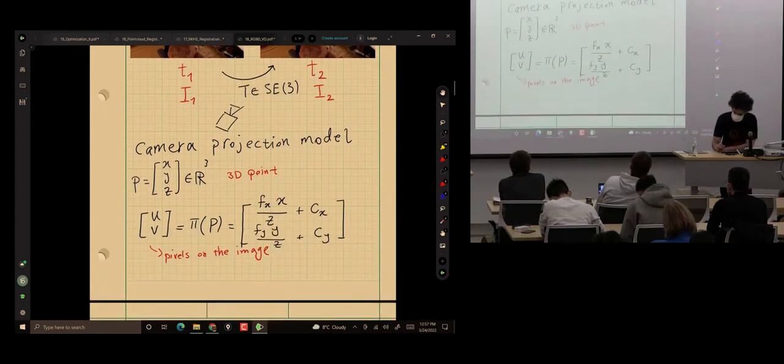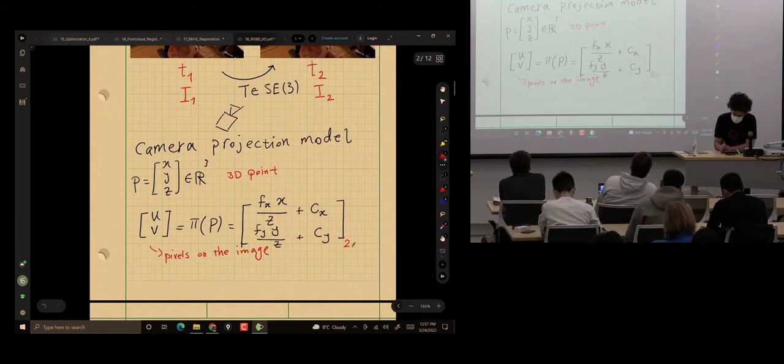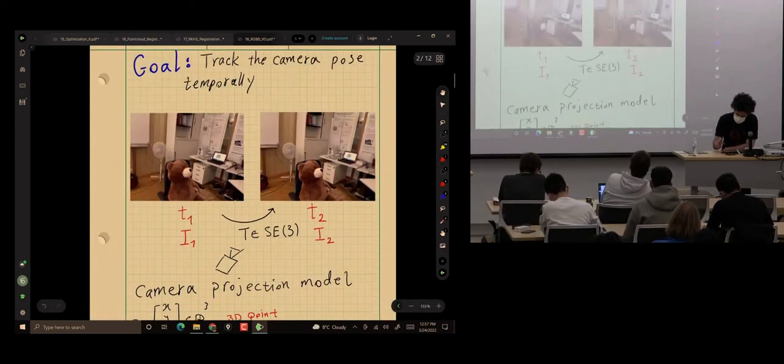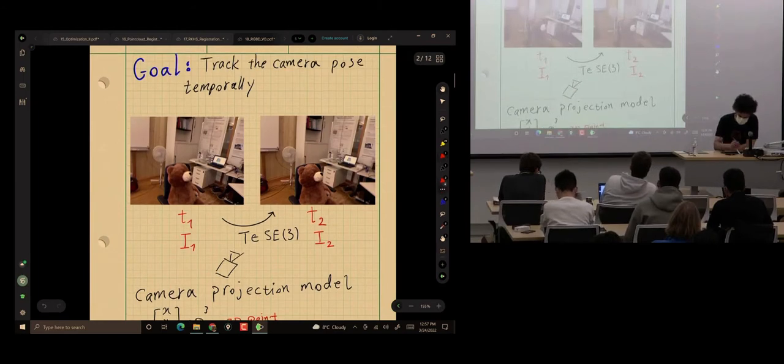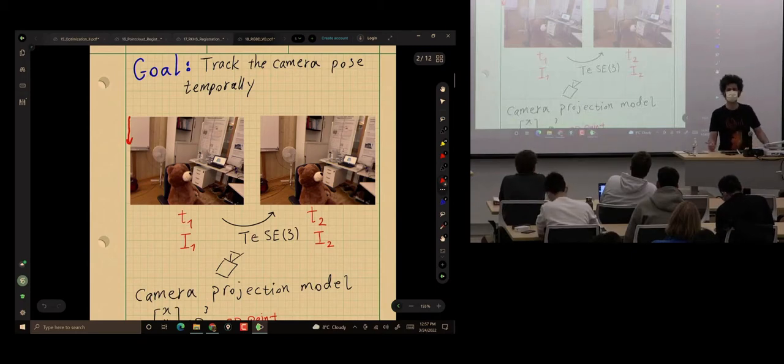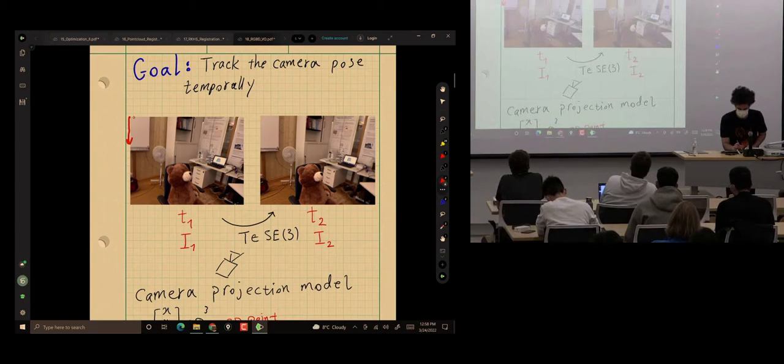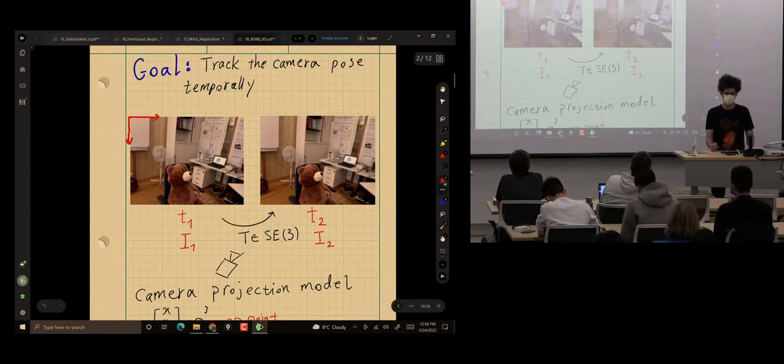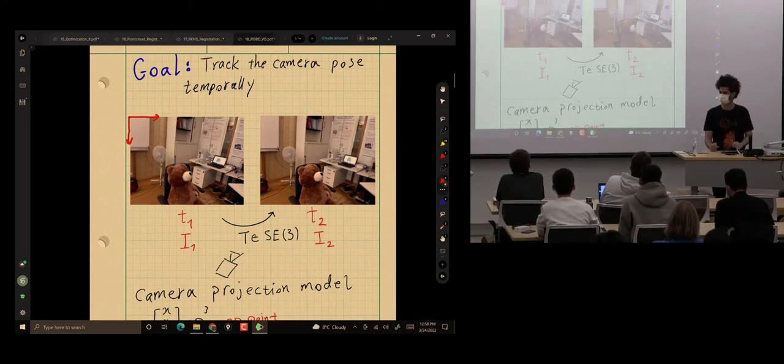So this is a 2 by 1 vector. To make it clear, it is common to use a coordinate frame like this in computer vision, with one axis along the height, starting from the top left corner of the image. The positive directions are pointing down and to the right.